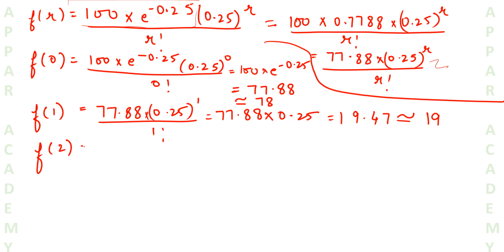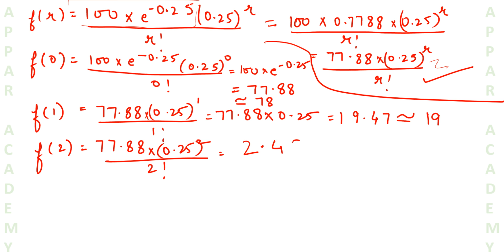Next is f of 2. F of 2 becomes 77.88, I'm using this, into 0.25 square upon 2 factorial. So this becomes simply 19.47 into 0.25. It does not matter how we are actually doing it, right? So when we compute this, it will come equal to 2.43. Approximately this is equal to 2.